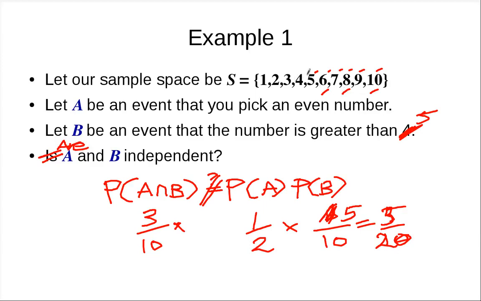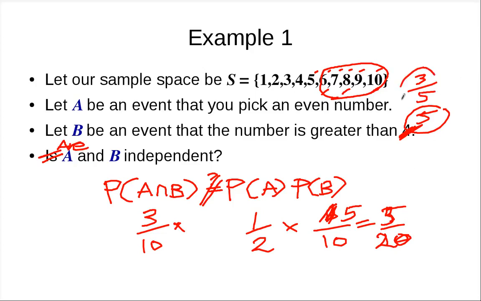And if you look carefully, what does this actually mean? In the beginning, the probability that you pick an even number is half, right? But now you know that the number you pick is greater than 5, so it's only this. In this case, the proportion of even numbers becomes 3 over 5, right?